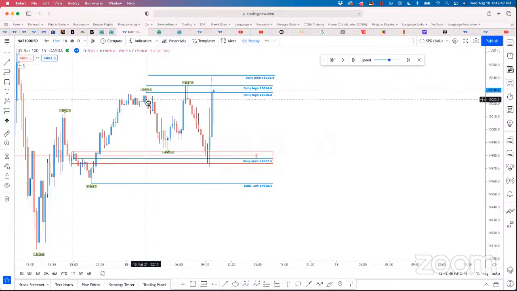This high came at 2:15 p.m., right? That is a London high, right? So if we make this high in London and London doesn't keep us going up, and instead of pushing us up it sells off, right?